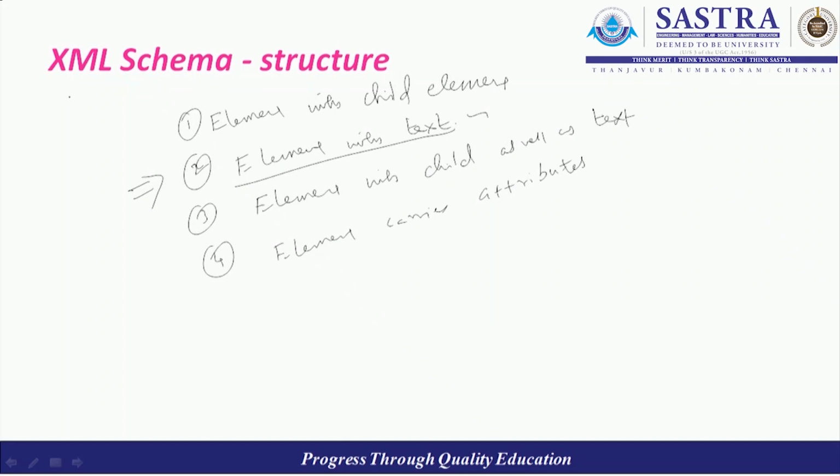And the XML structure, as I have specified previously: we have to validate the element with child elements, which means we validate the element to carry child elements, and we restrict the element to carry text. We restrict the element with text as well as child, and we restrict the element to carry an attribute or list of attributes.